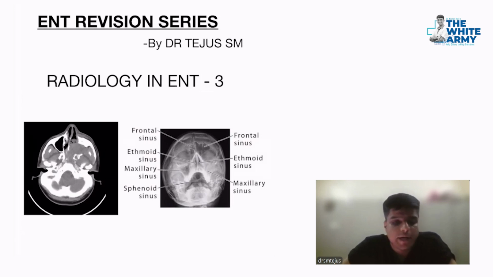AIIMS has a pattern of asking about different anterior ethmoidal cells. They point out a particular structure on CT and ask us to identify which anterior ethmoidal cell that is. So let's focus on the anatomical aspects of paranasal sinuses in detail in this class.